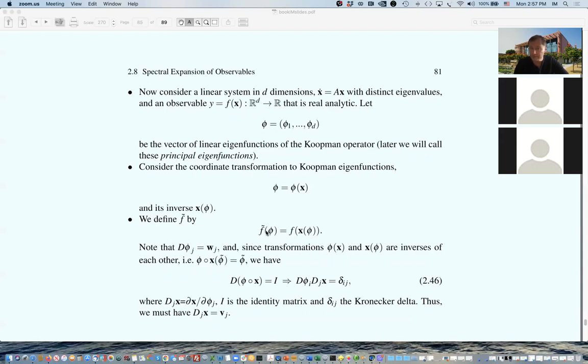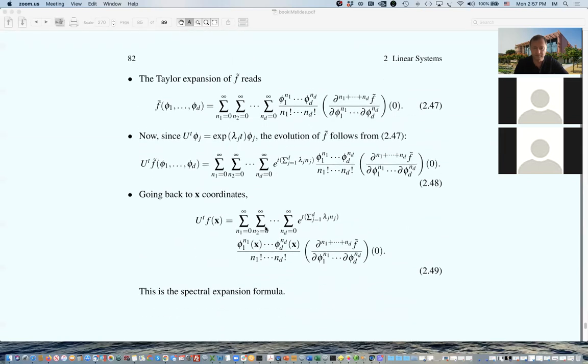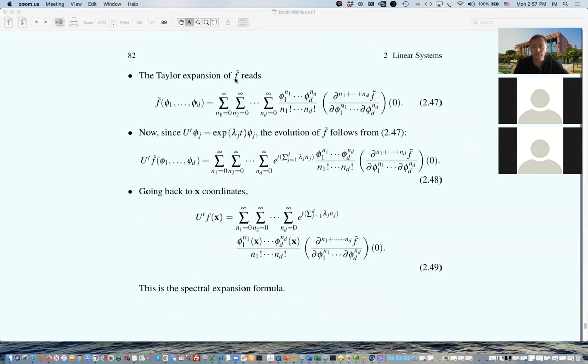Let's assume it is and proceed for a second. And we're going to get f tilde in coordinates phi 1 to phi d to be the following sum. It's a bit of a gnarly sum, because it has all these components that go from n1 is 0 to infinity, n2 is 0 to infinity, to nd is 0 to infinity.